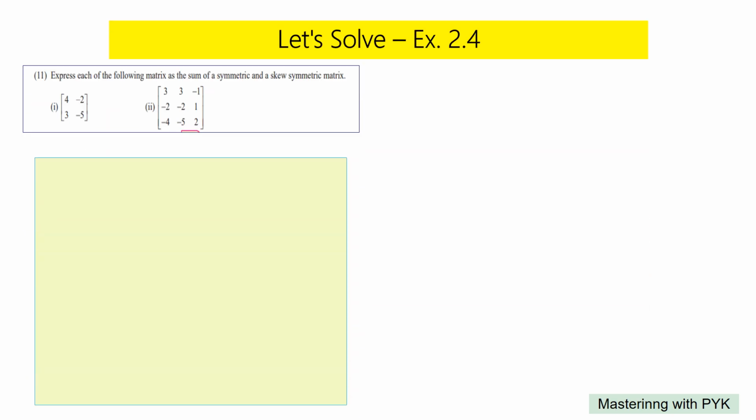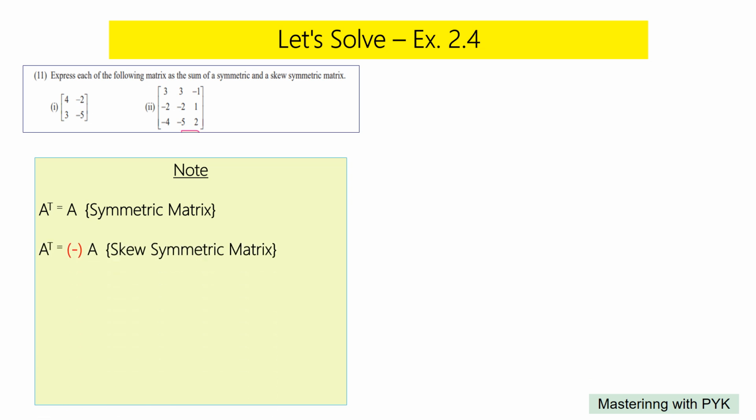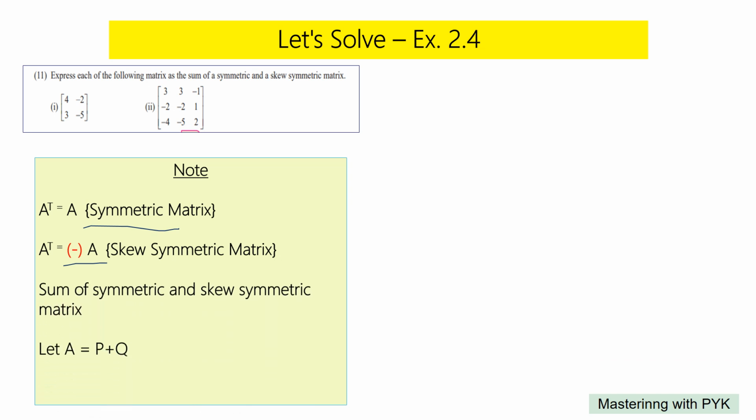The second part, right? We know that A T, that is the transpose of a matrix, if it is equal to the original matrix, is called a symmetric matrix. If the transpose is the negative of A, that is the original matrix, it is called a skew matrix. And how do we calculate the sum?